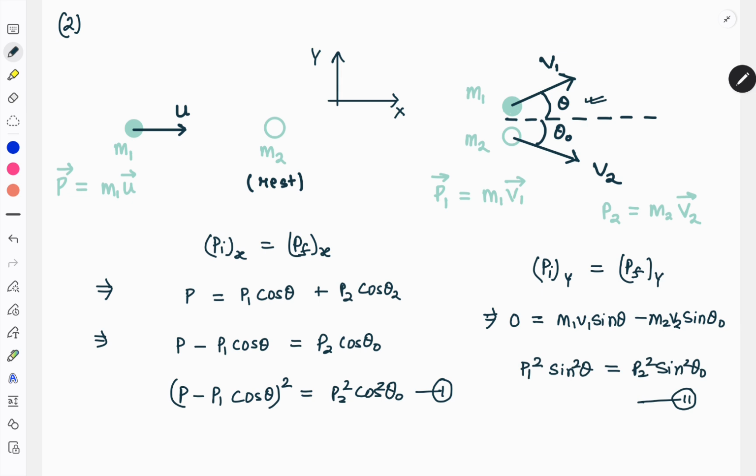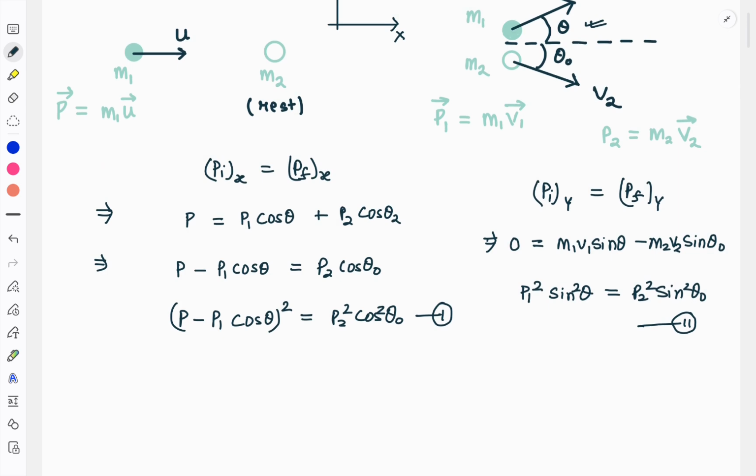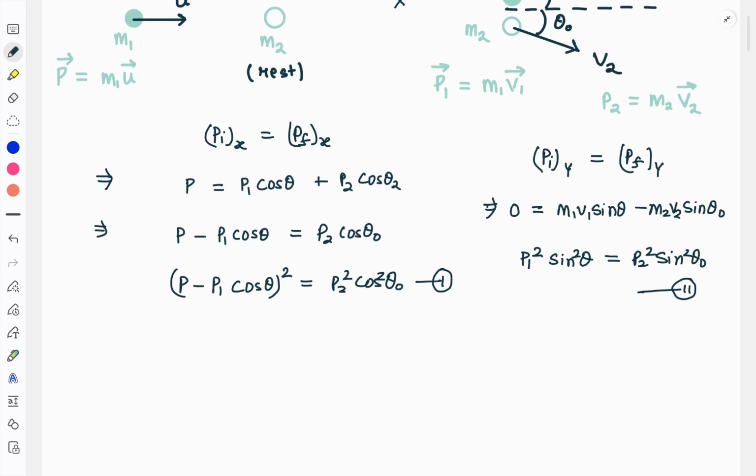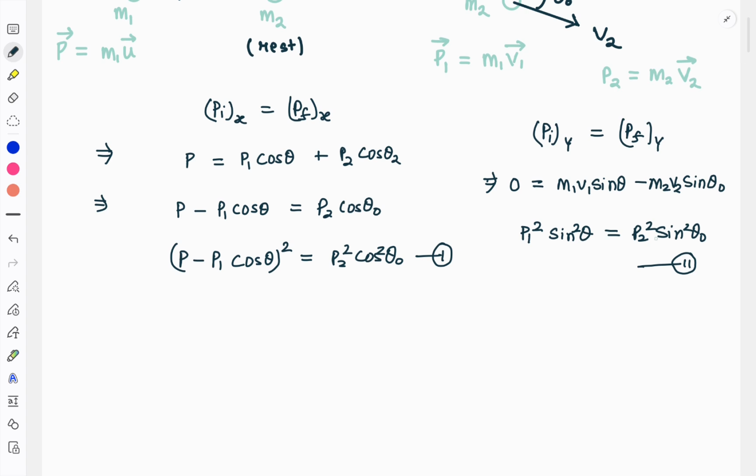From both these, p minus p1 cos theta squared equal to p2 squared cos squared theta naught, and p1 squared sine squared theta equal to p2 squared sine squared theta naught. If I add the expressions, sine squared plus cos squared is equal to 1.